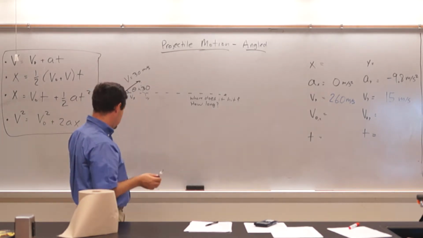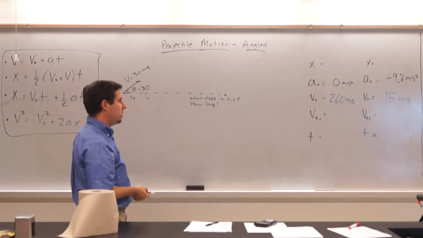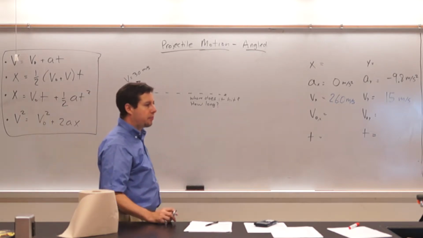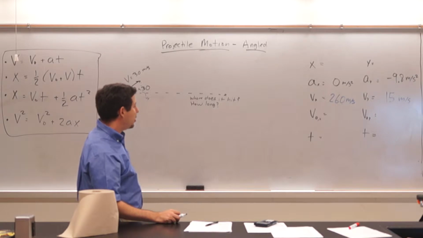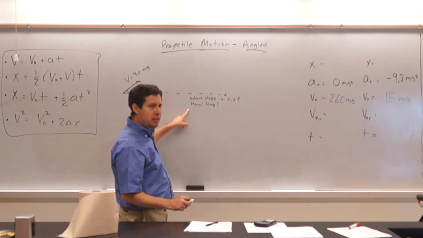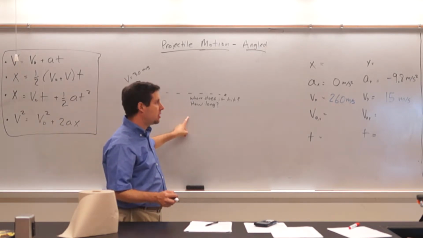Now, you're looking at this and you see two variables in each one, and you need to figure out where it hits and how long. Well, let's think about this for a second. It's hitting at the same elevation that it starts at.